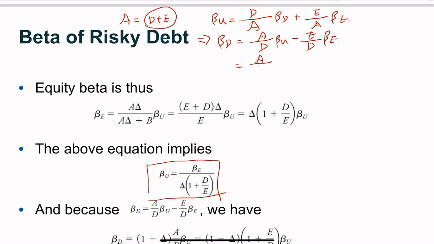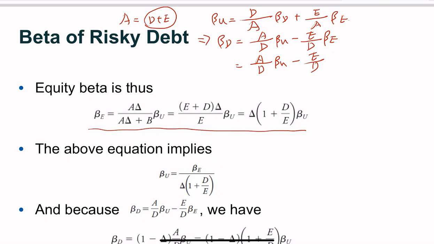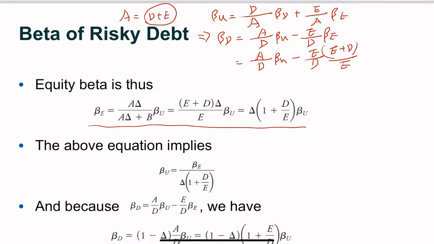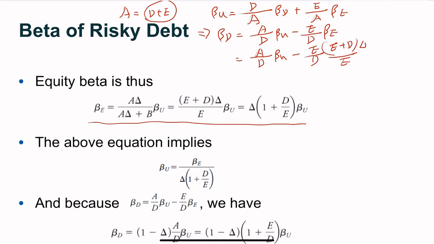So this is A over D beta U minus E over D. Let's substitute beta E here. We should actually substitute this guy here. So it's basically E plus D divided by E and times delta beta U. And you can see that these E's will just cancel out.